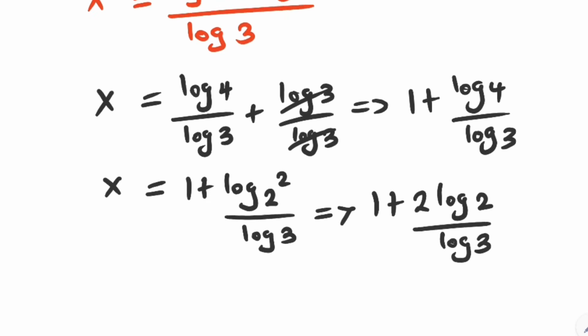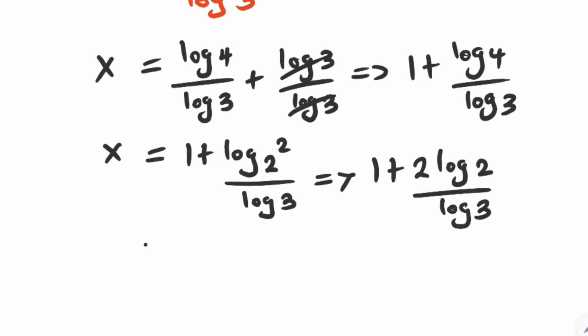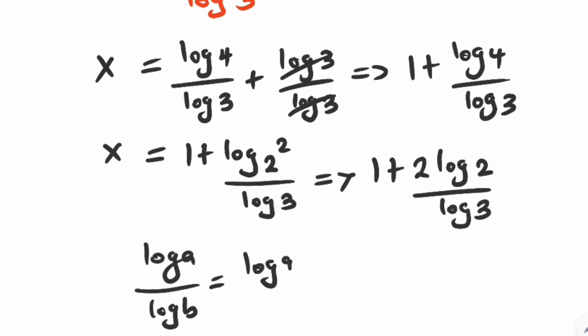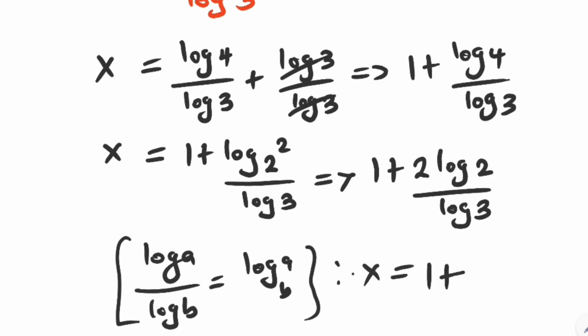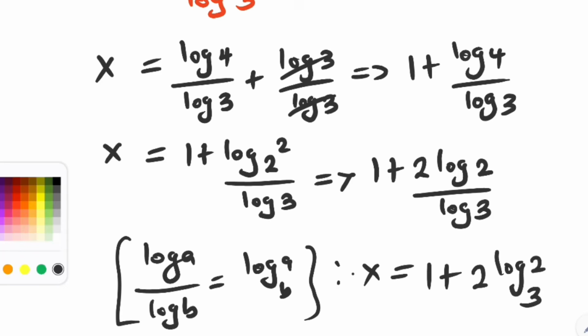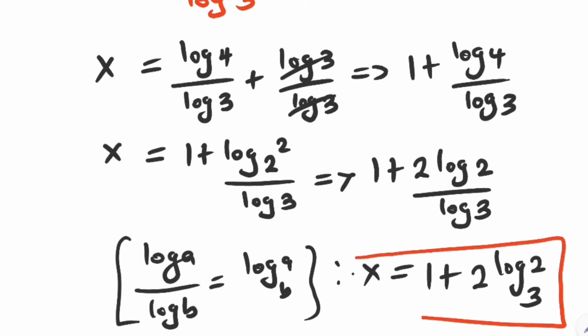Then take note of this, that if you have log A over log B, this is equal to log A base B. Therefore, x is equal to 1 plus 2 log 2 base 3. And this is the final answer.